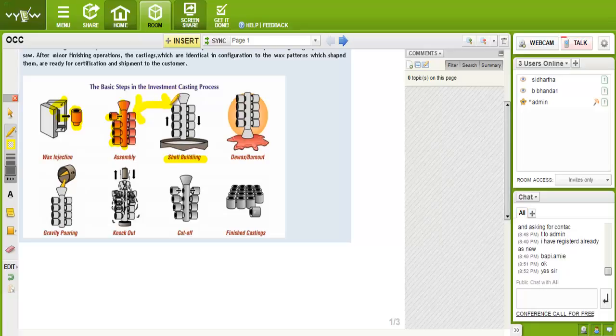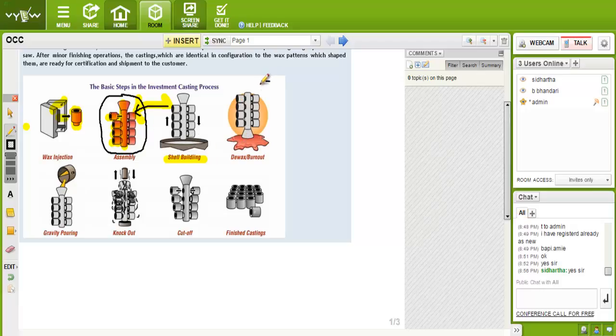It will be attached to the outside of this wax and this stick. If we dip this complete system in a solution of plaster or cement, then the plaster will stick to this wax.